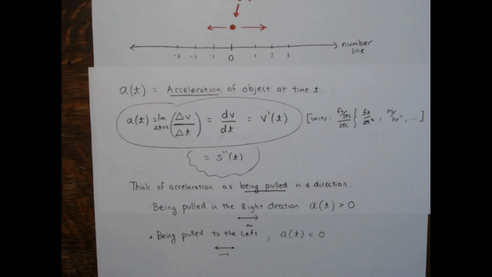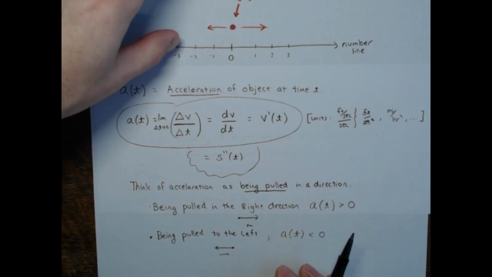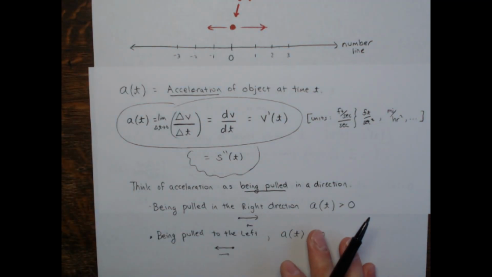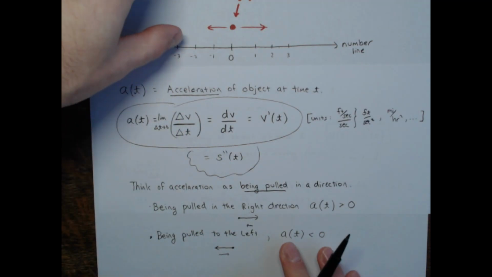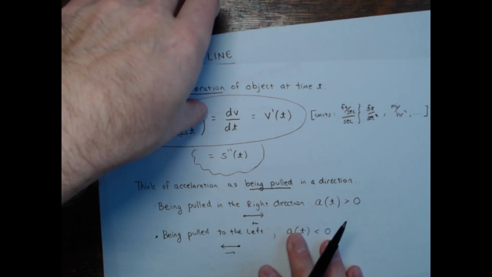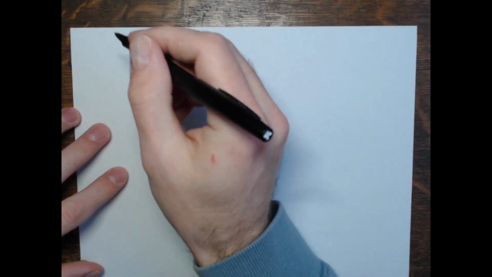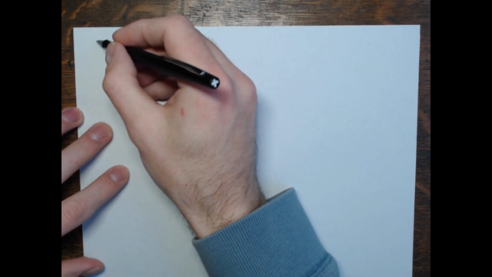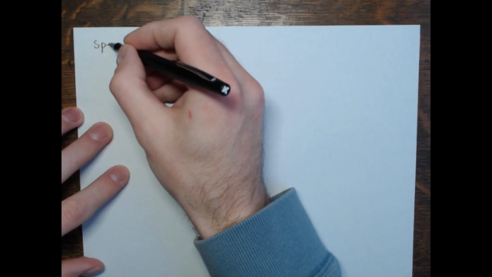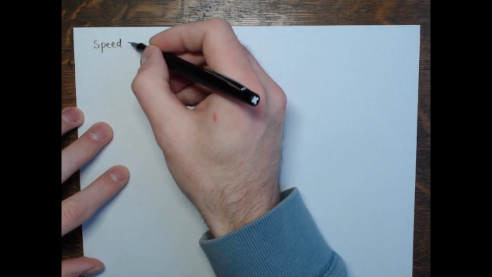Okay. All right, and then a couple other things before we actually get into a question. They talk about the relationship between acceleration and velocity. Oh, and I guess too, speed is another thing you'll be asked for.